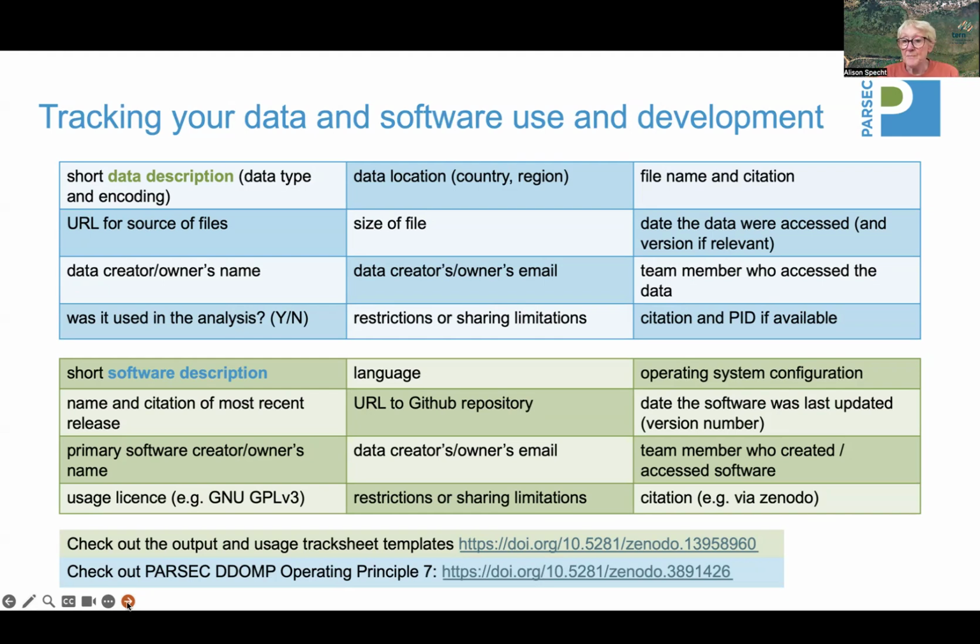I mentioned earlier that quite often software is continually updated by the producers, including you potentially. So when you access it to use it with permission yourselves, you need to note which version it was, and the date and or version number will give you the clue to that, and that's reportable. Primary software creator's owner's name and email, and the team member who created it, the usage license, and any restrictions or sharing limitations.